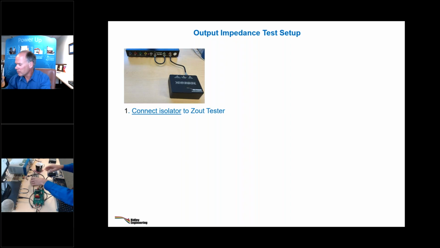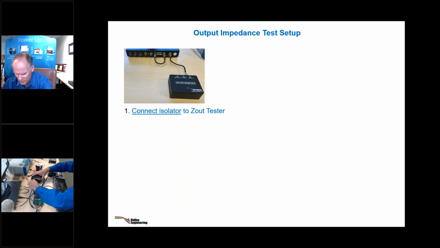All right, so I'm going to connect the output of my isolator to the test box, which is input from isolator on it. And then channel A of the analyzer goes to the test box.